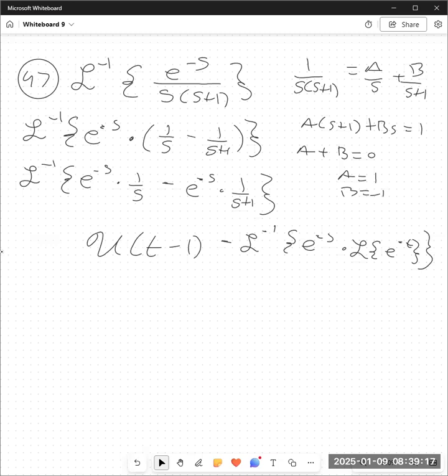And then this is unit step function t minus 1 minus, and then this is going to be e to the negative, and in place of the t goes t minus 1, since my a there is negative 1, and then unit step function t minus 1.